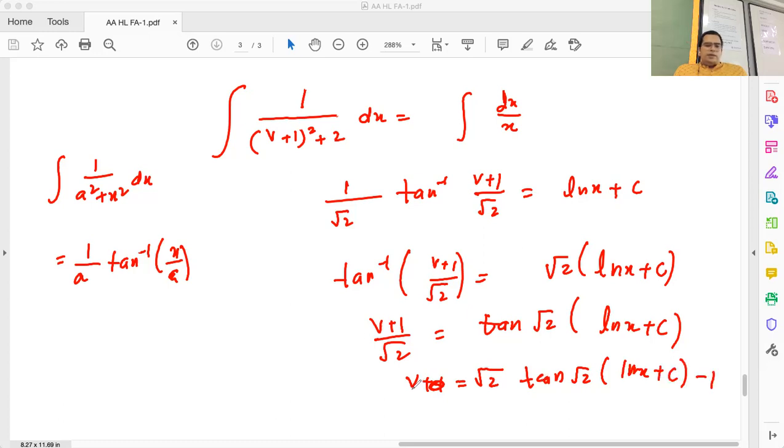In place of v, plug in y over x and cross multiply by x. The final answer is y equals this, and obviously you need to find the missing constant by substituting the given x and y values. So this is the general solution of such questions.